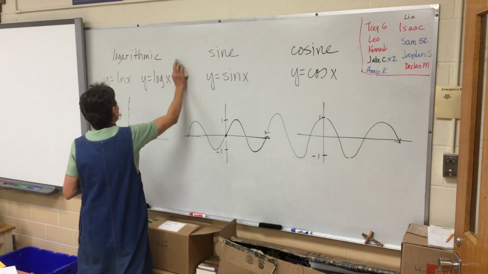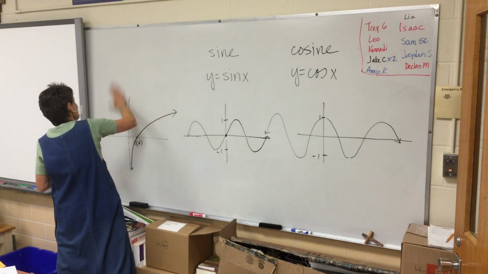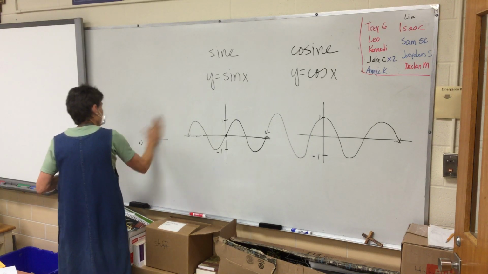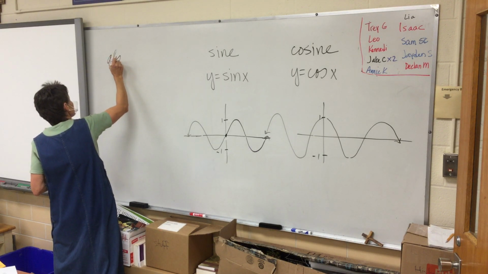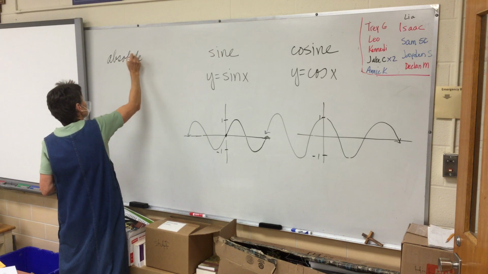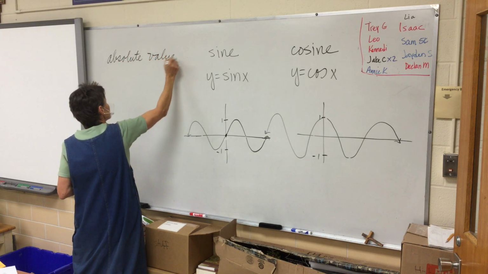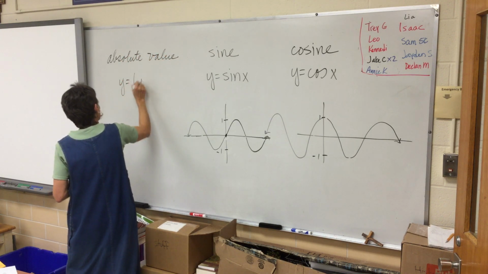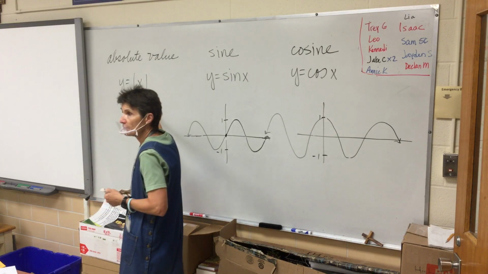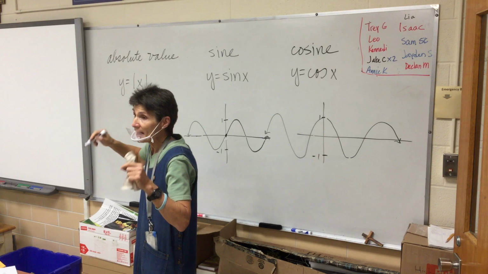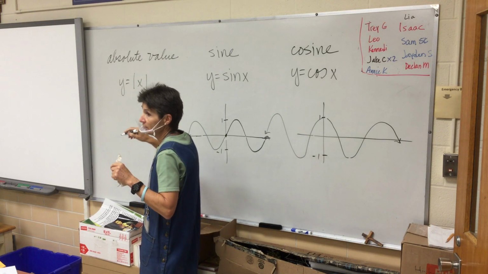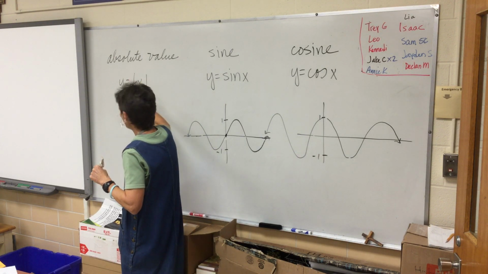Now, Dave, we have our absolute value function. And obviously this is going to be the equation. Now, if we type that in on our calculator, we don't have these vertical bars.